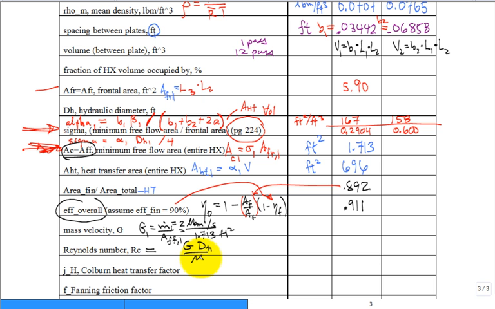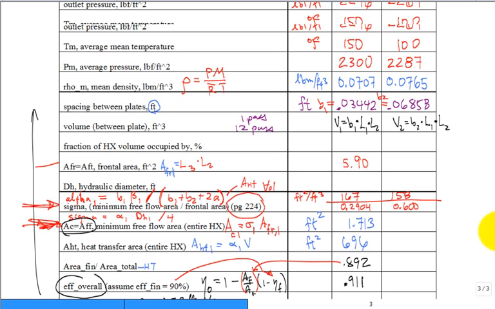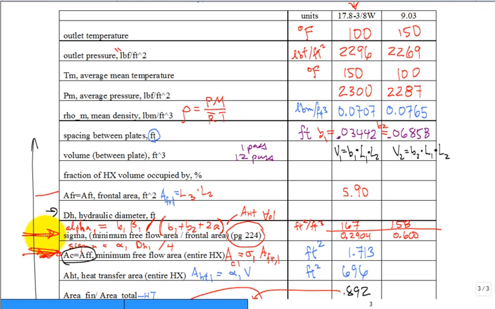Did I ask for it in any of this above? I should have. Is it up there somewhere? It's on the notes. Yeah, right here, the hydraulic diameter. Yes, and it's right on your sheet. That hydraulic diameter is given.